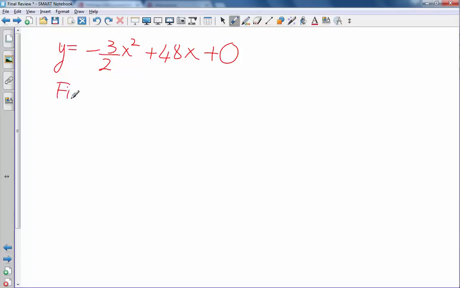Find the vertex. That's our question. And you're all done. I will pick the y coordinate and we'll be done with it. Can anyone do this?